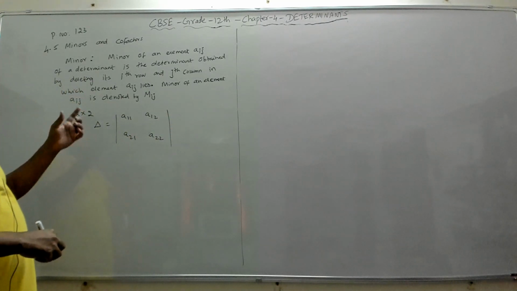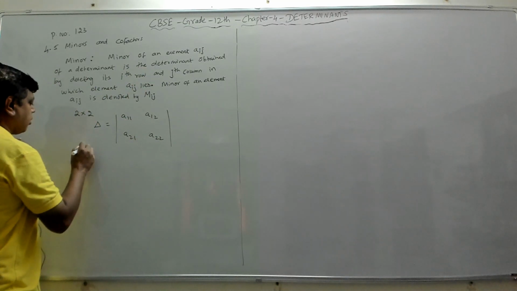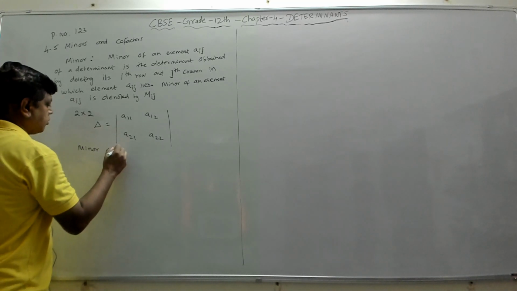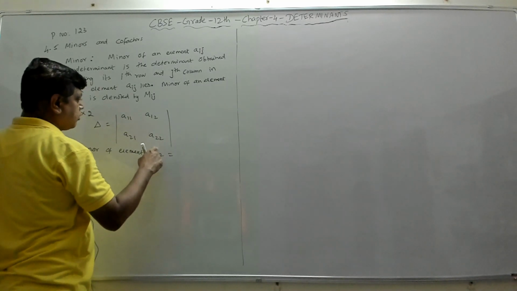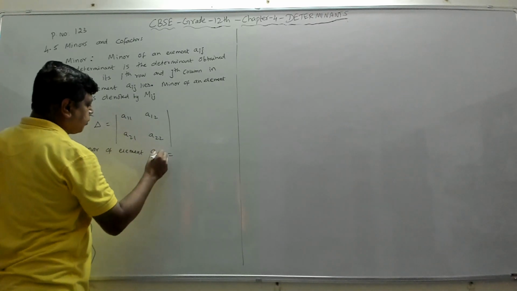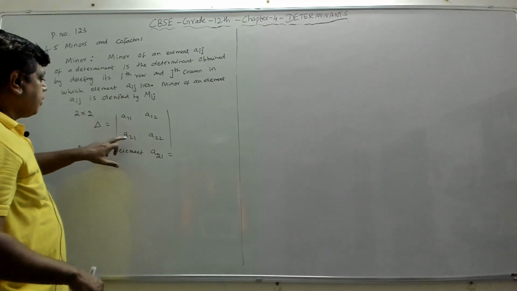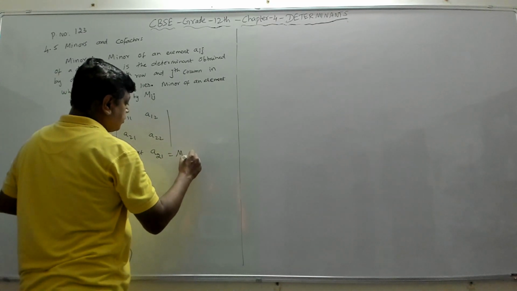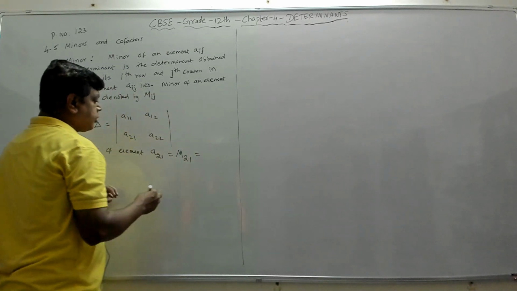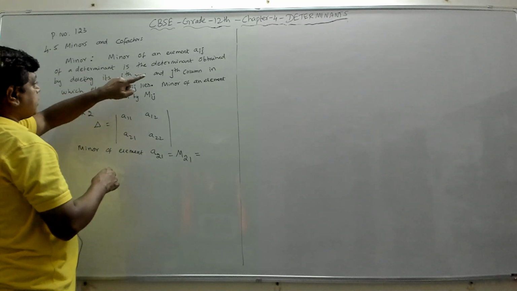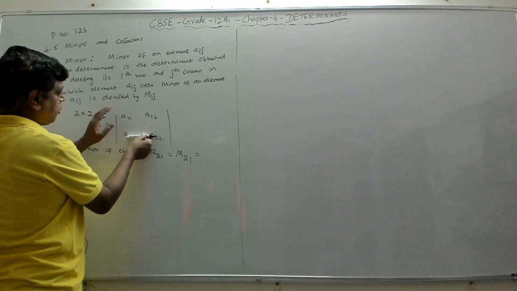Suppose you want to find the minor of the element A21, denoted by M21. M21 is called the minor of the element A21, and it is defined as deleting the ith row and jth column, which means wherever this element lies, you delete that row and that column.